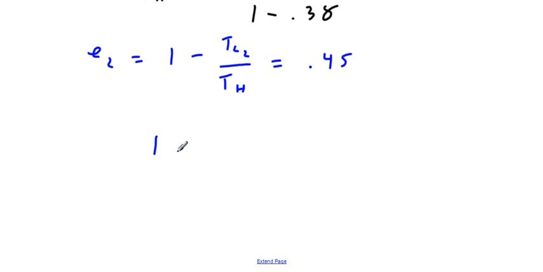So 1 minus temperature low 2, exhaust temperature 2. I put the 1 on the other side of the equation, which makes it negative, I make both the negatives positive, and I got 0.55 times temperature hot.